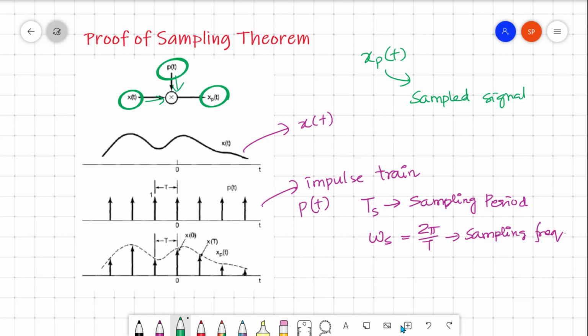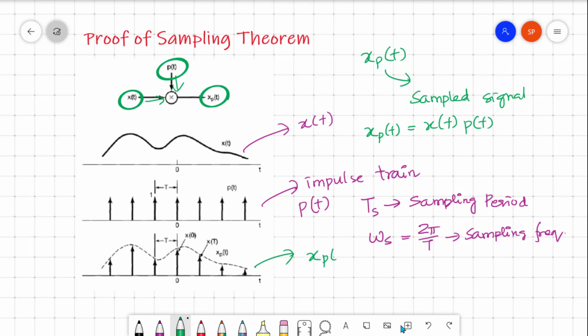This can be mathematically represented as xp of t is equal to x of t into p of t. Mathematically, this means that if you multiply the signal x of t with p of t, that is the impulse train, we will get the sampled signal xp of t.